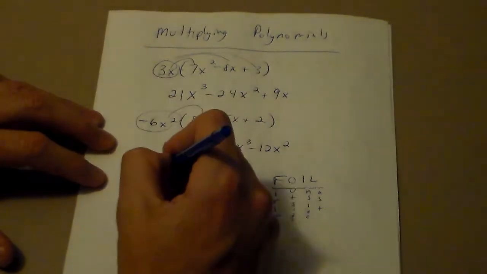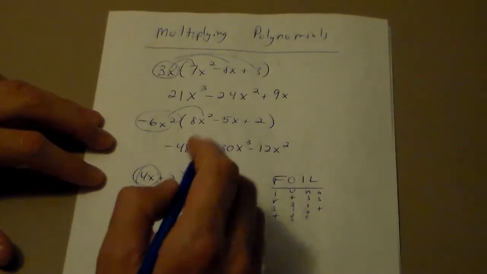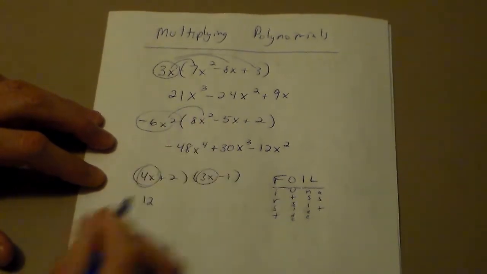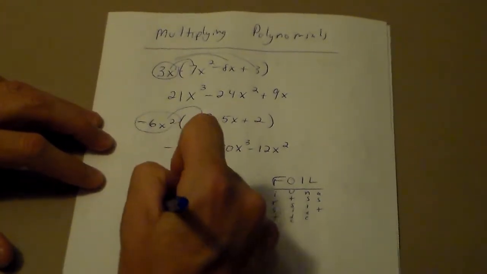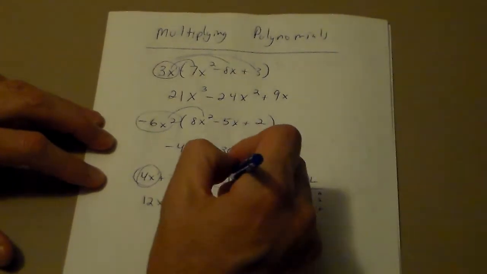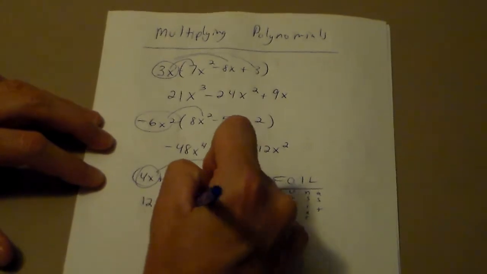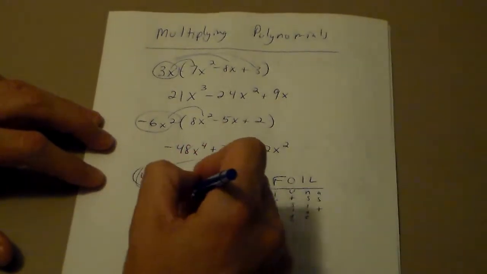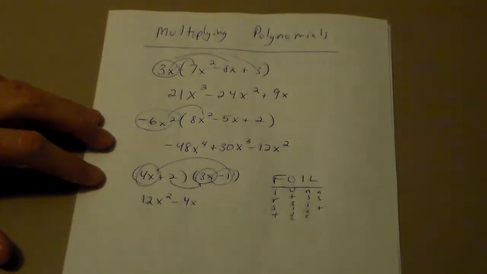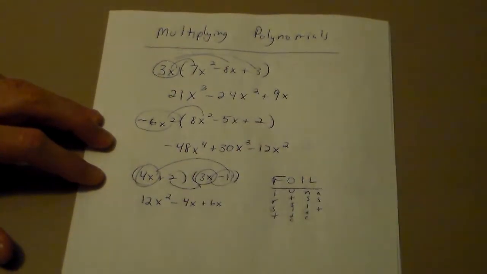So first, we take the first one here times the first one here. 4 times 3 is 12, and x times x is x squared. Then I take negative 1 times 4x. That's going to be negative 4x. 2 times 3x. That's going to be 6x.